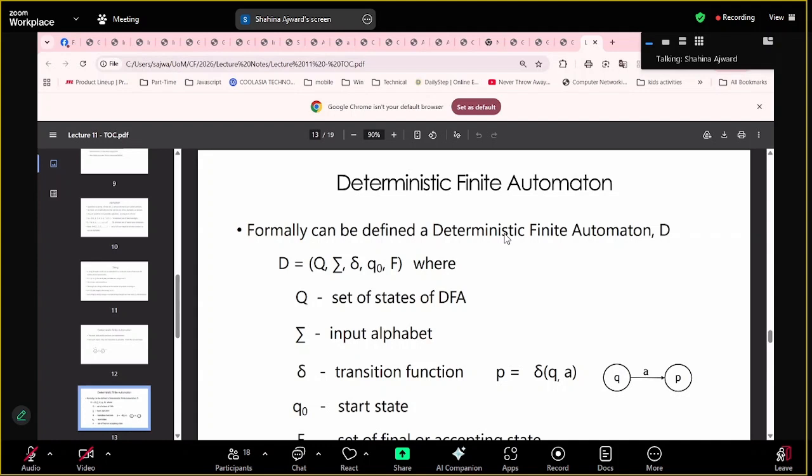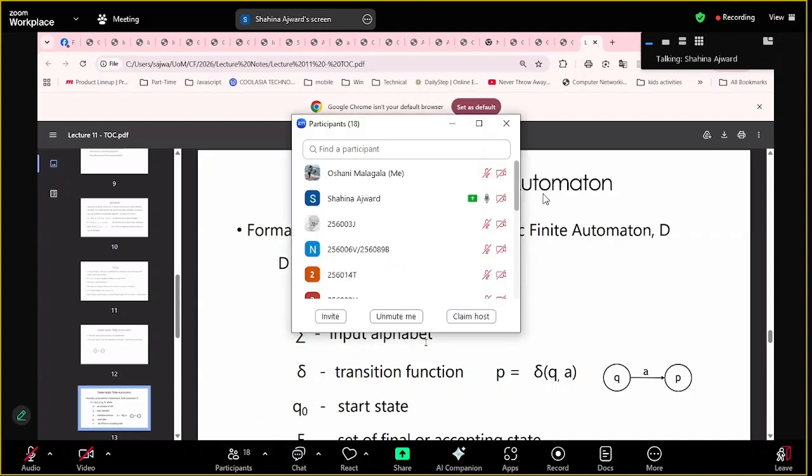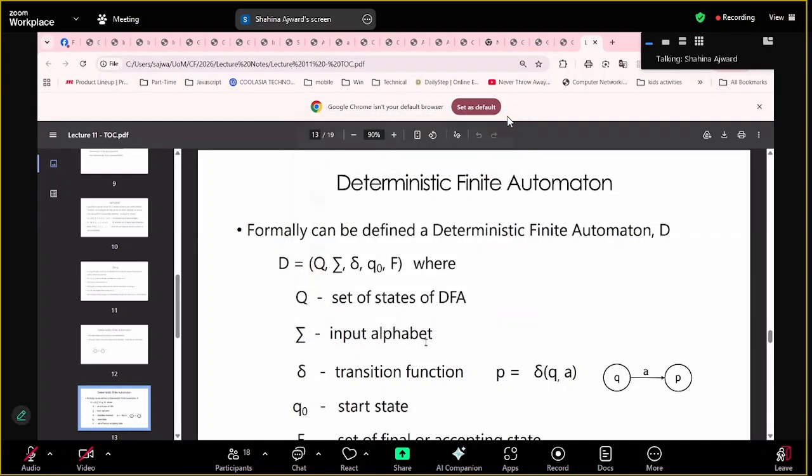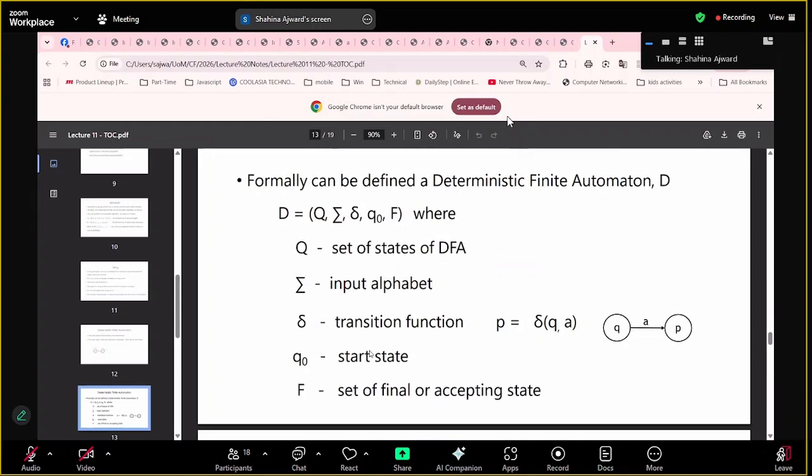So these states we call the Q set, right? And also we have to define an input, so that input alphabet we define as sigma. Then how does this machine react for a given input? That we call a transition function.